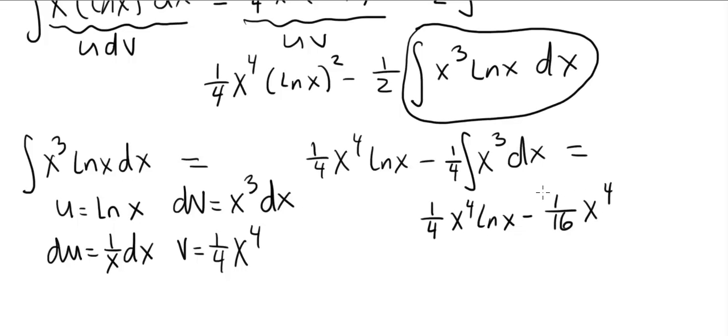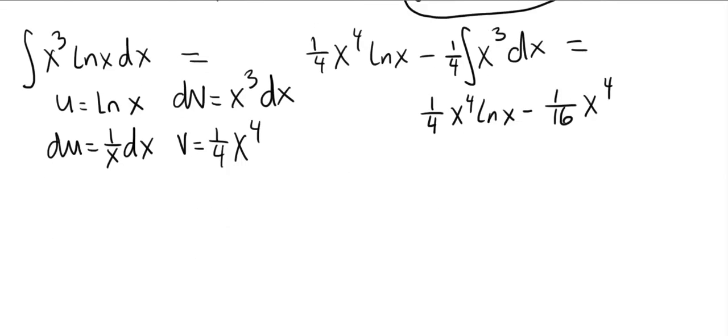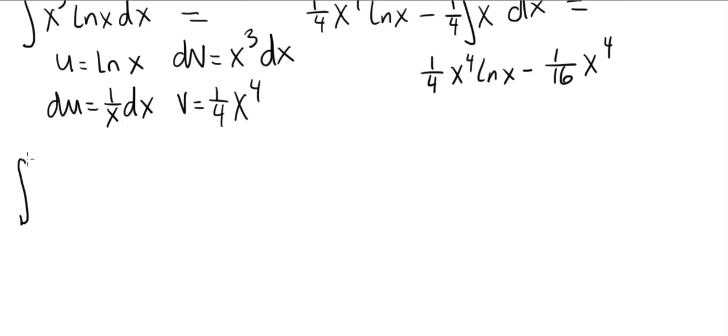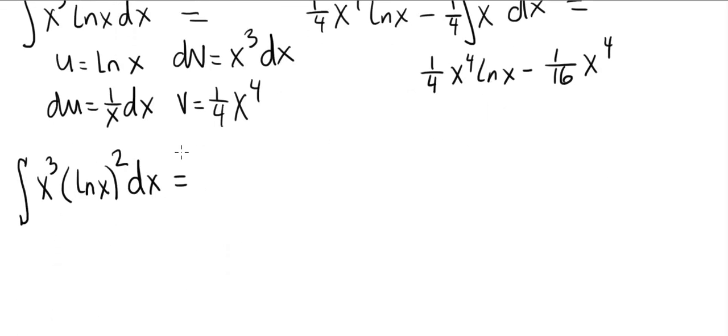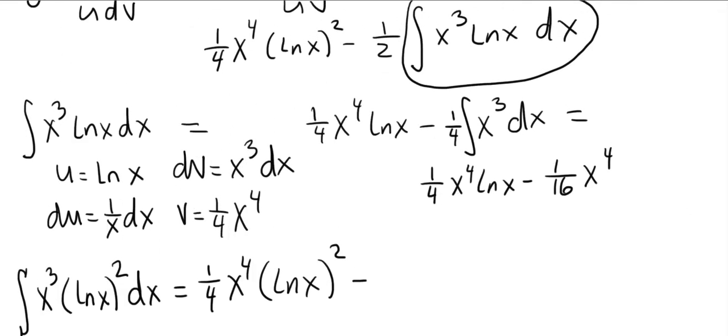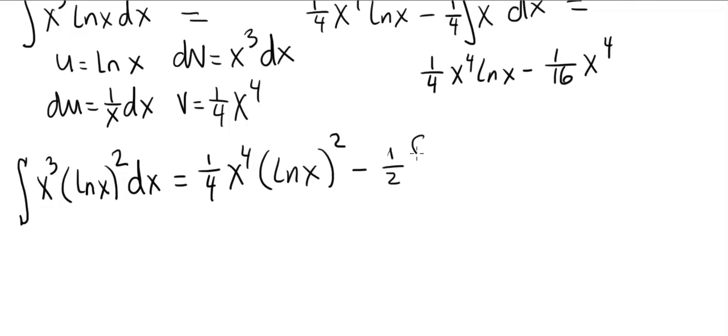And now we're ready to finally put everything together for our solution to this problem. Let me write this over here. So our original integral was x cubed times ln of x quantity squared dx. Now in the first iteration of integration by parts, we ended up with 1/4 x to the 4th times ln of x squared minus 1/2 times the integral of x cubed times ln of x dx.